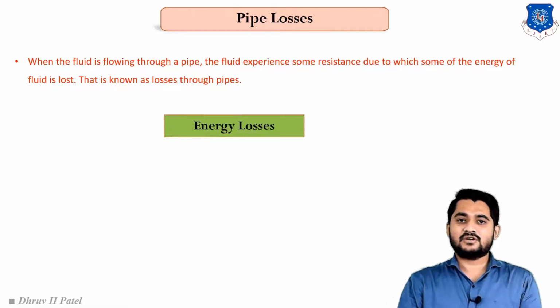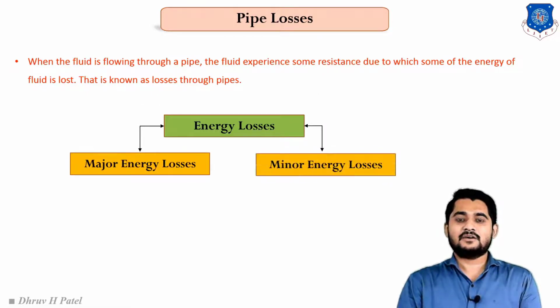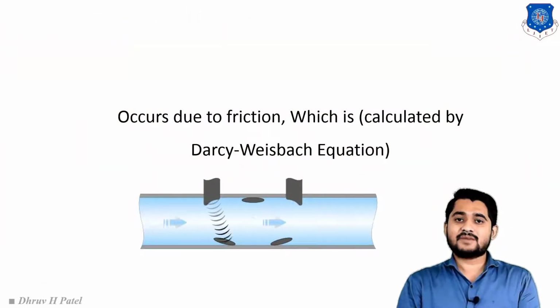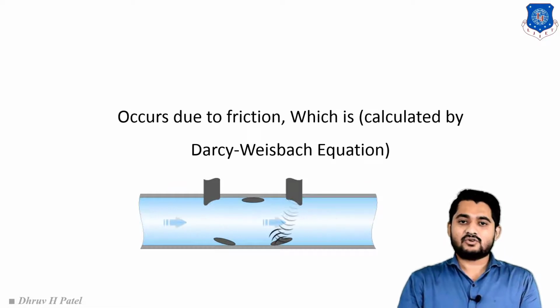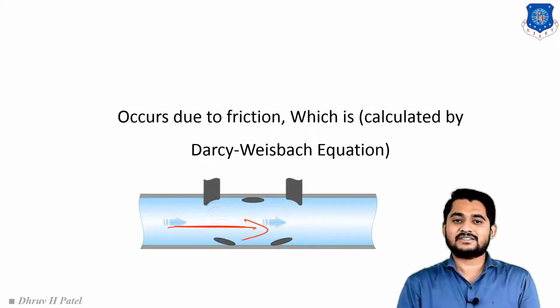Energy losses are classified into two categories. First category is major losses and second category is minor losses. Let us understand step by step. What do you mean by major energy losses? As shown in this sketch, one pipe is here, and fluid is flowing through the pipe in the right hand side direction.